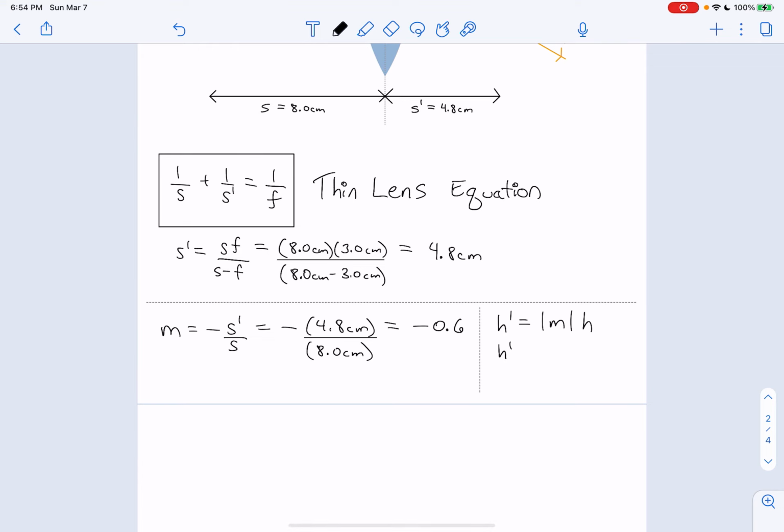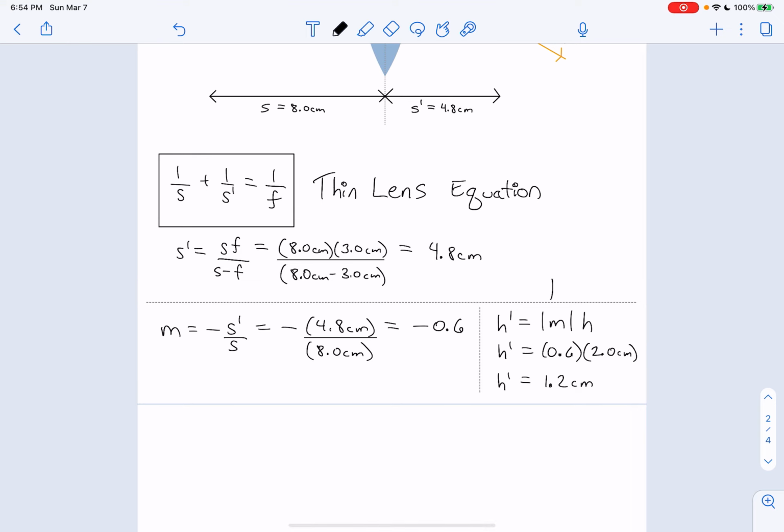So we get an h prime of 0.6 times 2 centimeters. So h prime is 1.2 centimeters. So if you draw this out for yourself, you can get exactly the same result as if you do the calculation with the thin lens equation.